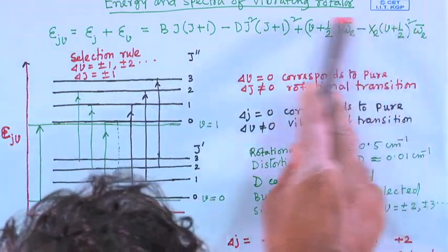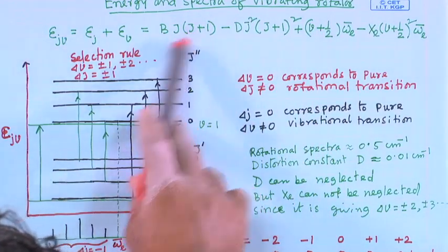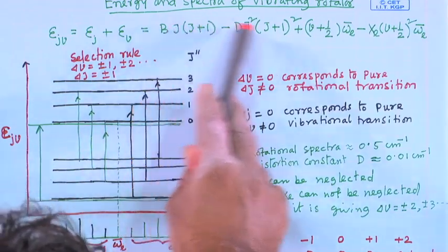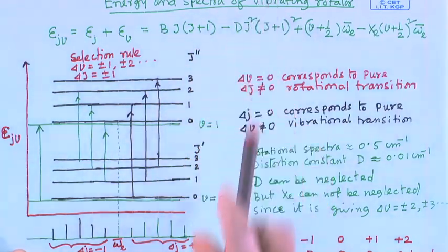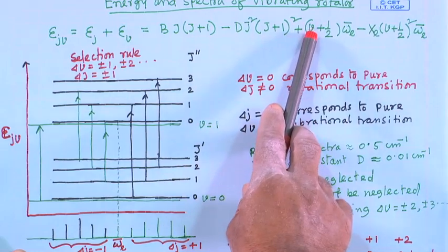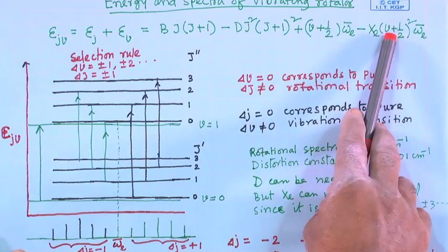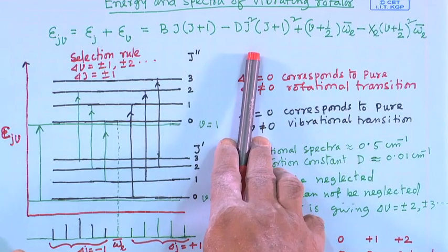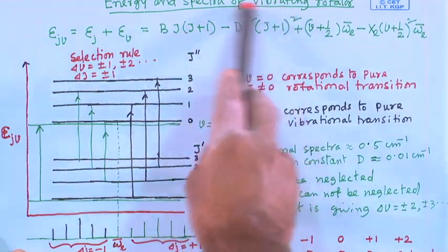For different values of J, considering del J equal to plus minus 1, these are for transitions, but for different values of J, J equal to 0, J equal to 1, J equal to 2, J equal to 3, if we calculate, you will see that whatever the V equal to 0 energy value, some more value is added for different values of J. For V equal to 0 and J equal to 0, I think these terms are 0.